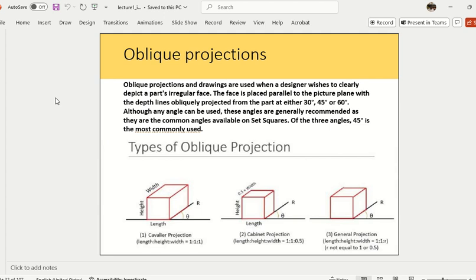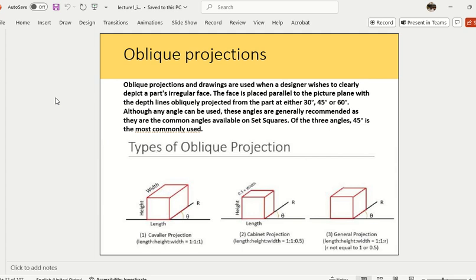Where all three dimensions are exact. Got it? If I make the third dimension half, so instead of making it 2 by 2 by 1, I make it 2 by 2 by half, this will be the cabinet method.